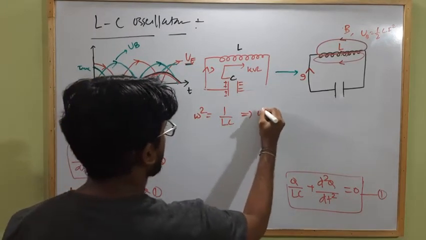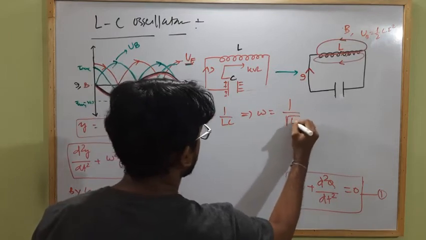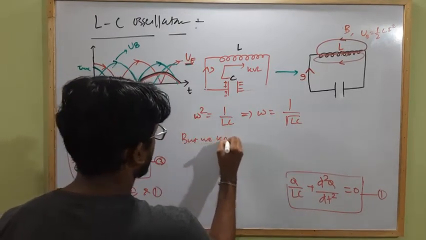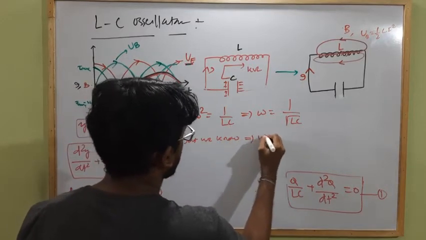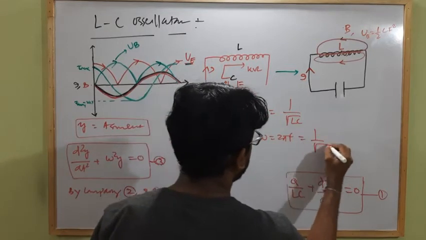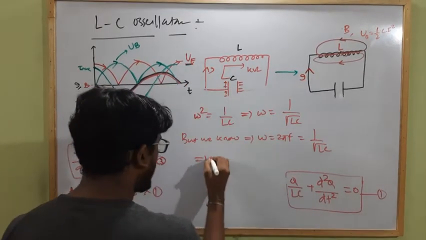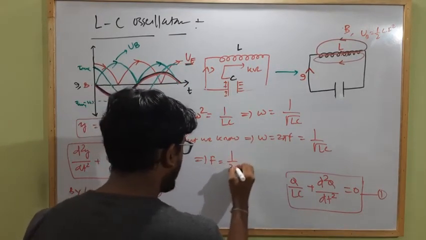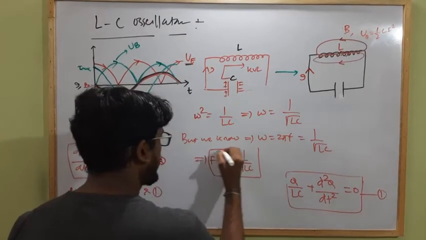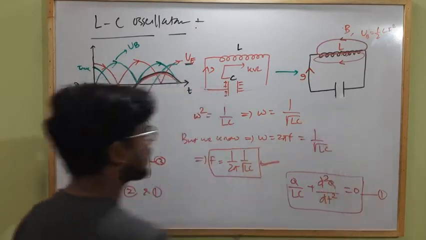So this implies omega equal to how much? 1 by root over LC. But we know what is omega? Omega equal to 2 pi f, which is equal to 1 by root over LC. So this implies frequency will be how much? 1 by 2 pi into 1 by root over LC. So this will be the frequency of the LC oscillation.